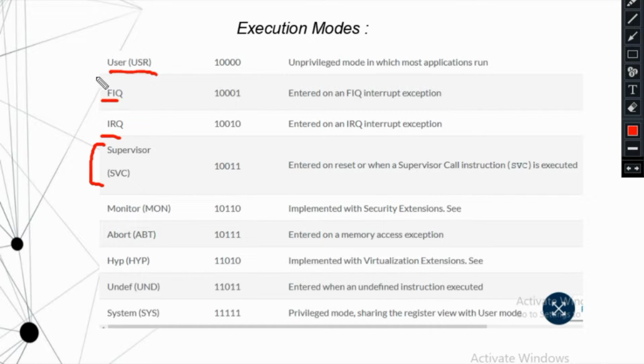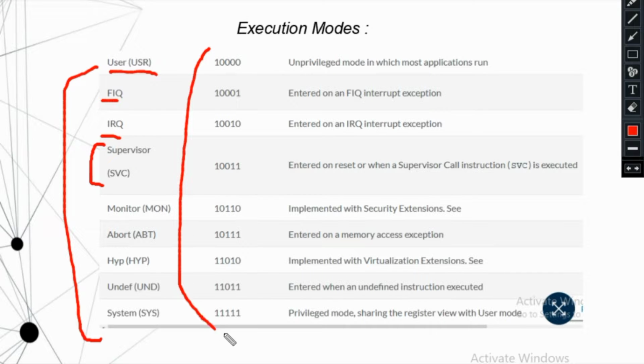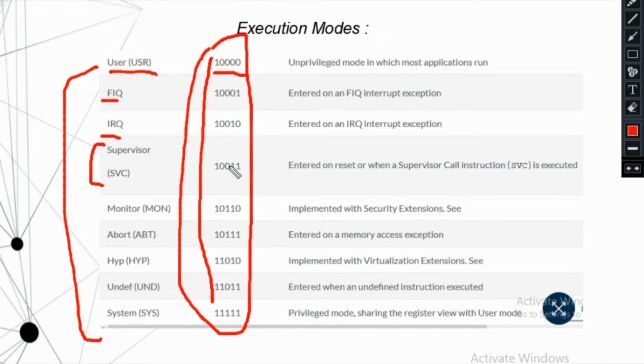All of these modes are supported by the ARM processor. We can easily identify that the length of the bits used to represent the mode is 5. So by this we can identify that the first 5 bits store these values, which are used to represent the mode of the processor.